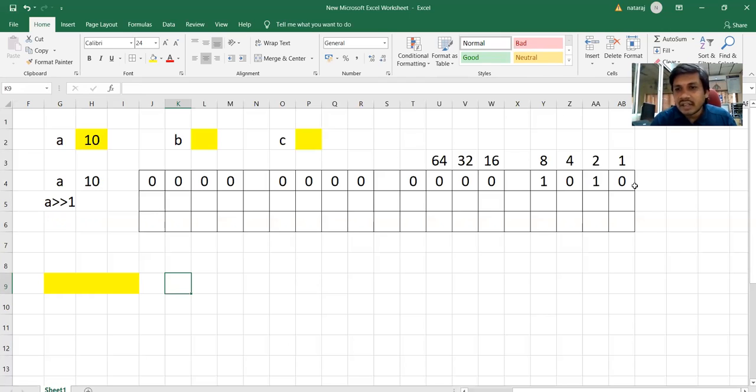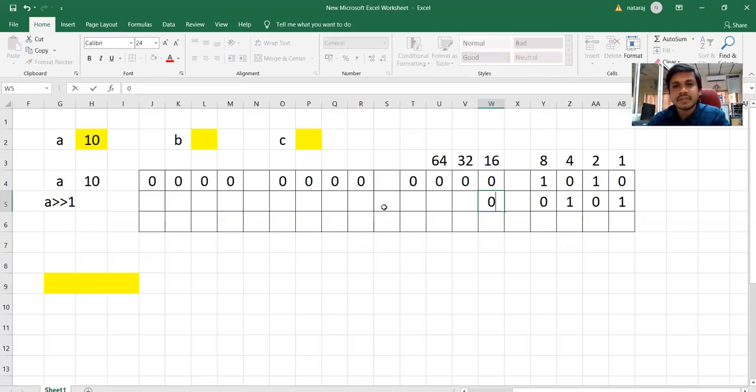The 0 here, the LSB, gets eliminated. This 1 comes here, this 0 comes here, this 1 comes here, and all the rest are zeros. So this 0 comes here, and this position is now vacant.